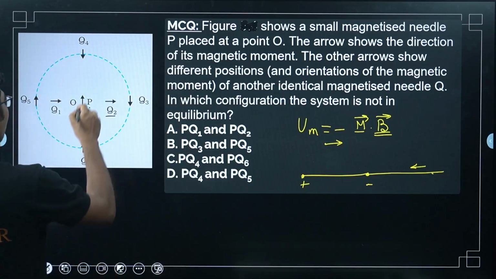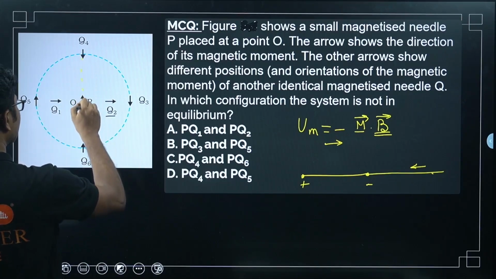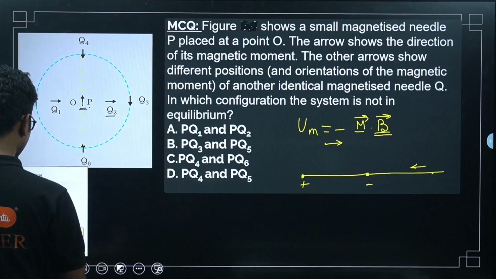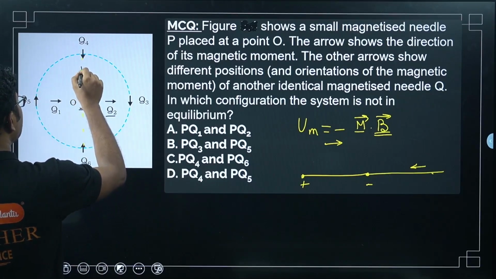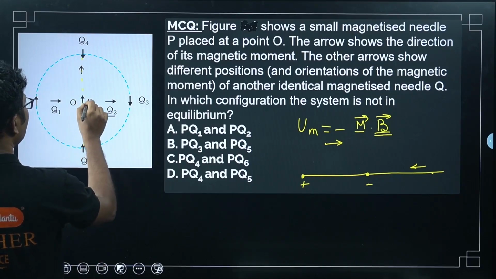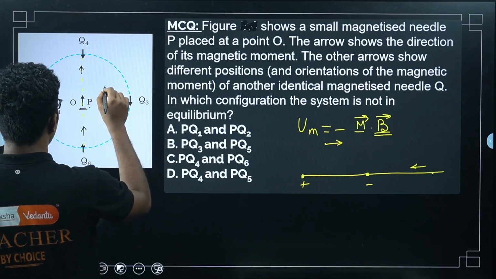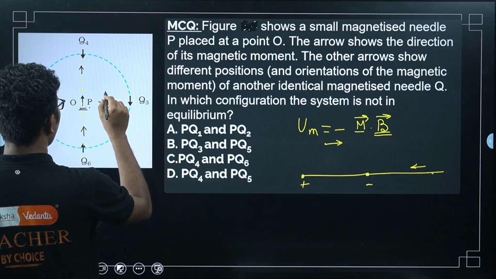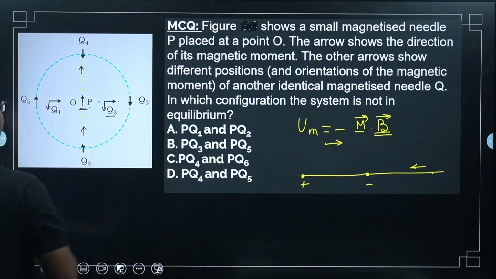Similarly, if you put one dipole like this, along the axis of the dipole, at any point the field will point here, in this case it will point here, and along the perpendicular bisector it will point in this direction, or in this case in this direction.